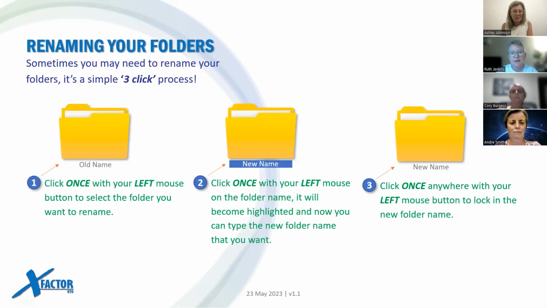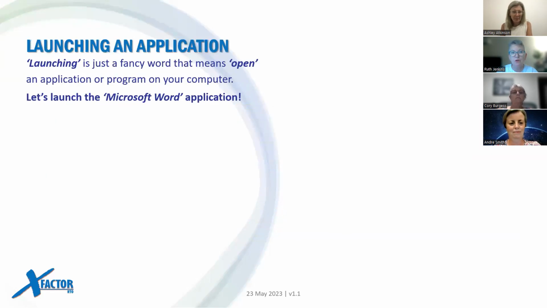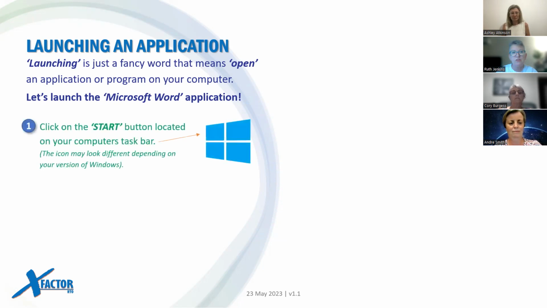Great. The next step I'm going to talk about is launching an application. So launching is just a fancy word for meaning to open a file. So we're going to open up Microsoft Word. Now we've all got Microsoft Word. So what I want you to do is click on the Start button that is located on your computer's taskbar. Your taskbar will be at the bottom of your screen. Can you all see that? Give me a thumbs up. Great.